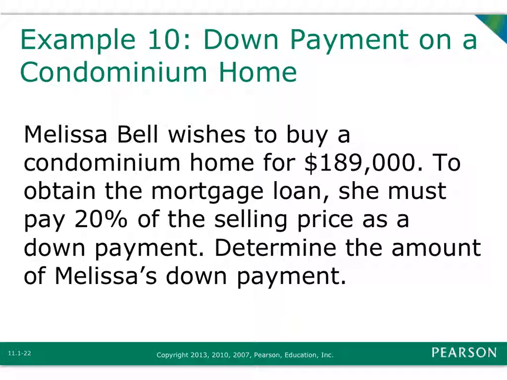Melissa Bell wishes to buy a condominium home for $189,000. To obtain the mortgage loan, she must pay 20% of the selling price as a down payment. Determine the amount of Melissa's down payment.